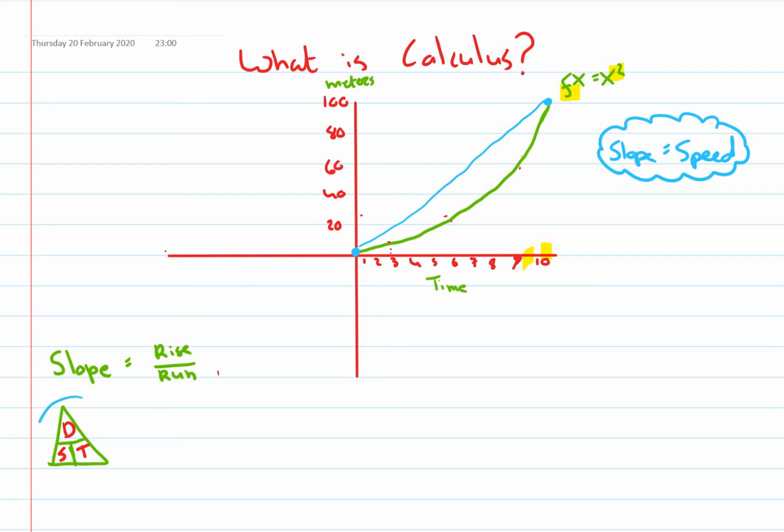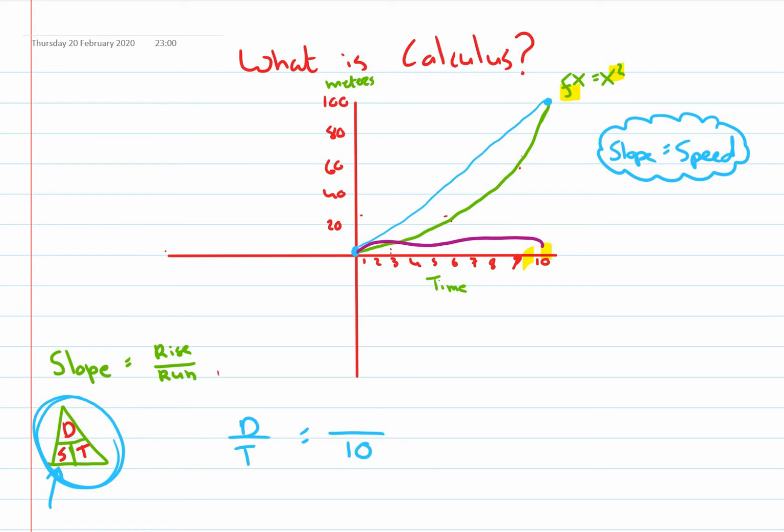Right, let's look at this. We want to find his speed. Speed is distance over time. From the start of the race, from here, he travelled for 10 seconds, so the time is 10. From here all the way to here is 10 seconds.